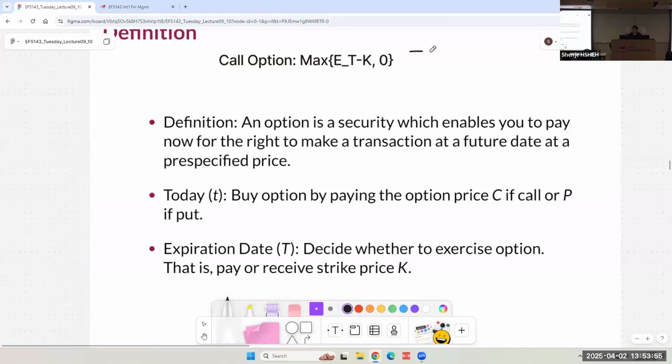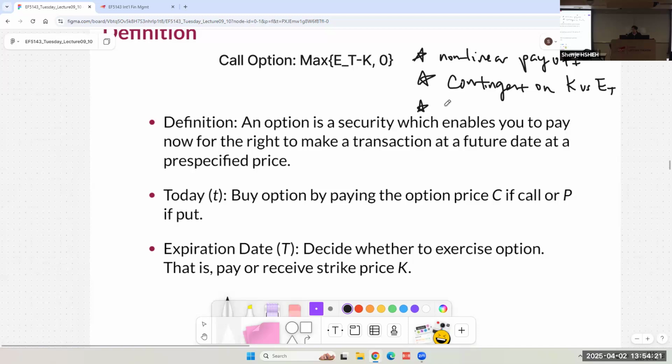So the interesting difference here is nonlinearity. Let me write a star here. Number one, nonlinear payoff. Number two, contingent on K versus S_T.